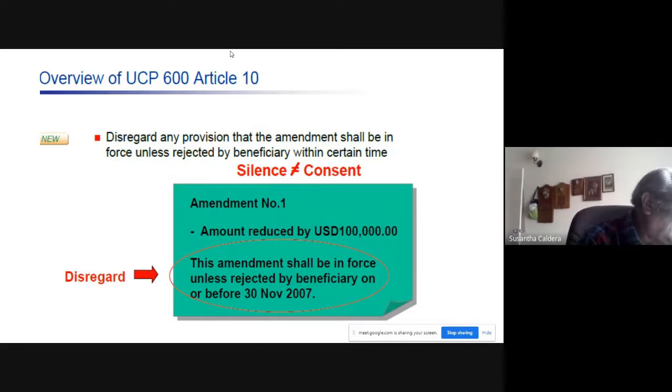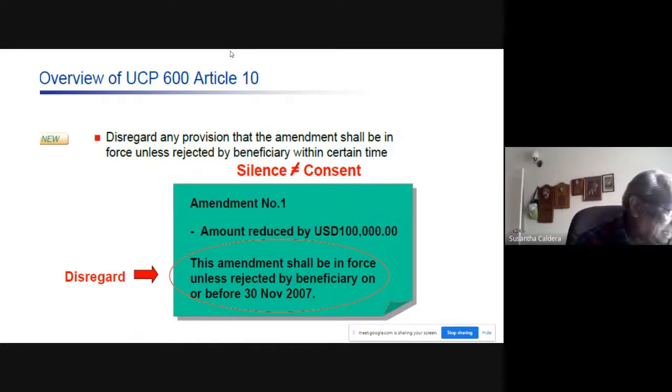Under Article 10F, read the Article 10F. A provision in an amendment to the effect that the amendment shall enter into force unless rejected by the beneficiary within a certain time shall be disregarded. Right?